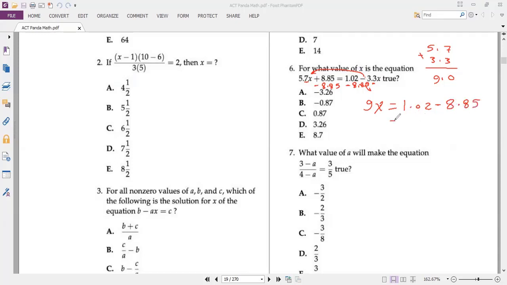The answer must be negative, so all of these are wrong. Why must the answer be negative? 1 minus 8 is negative. By the way, 1 minus 8 is about to be minus 7. So minus 7 is the most right one.